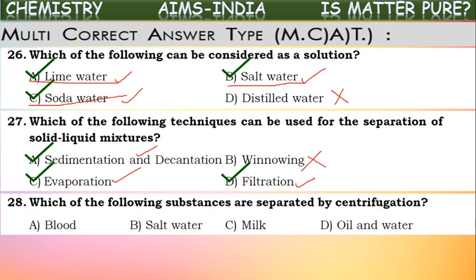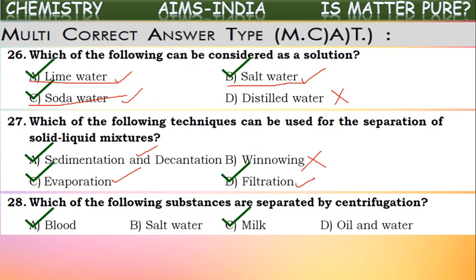In centrifugation, they take the sample of blood or milk and rotate it at high speed. Then the fat particles or blood cells will be separated. The solid particles will settle down because of centrifugation. Now, blood and milk are separated by centrifugation.